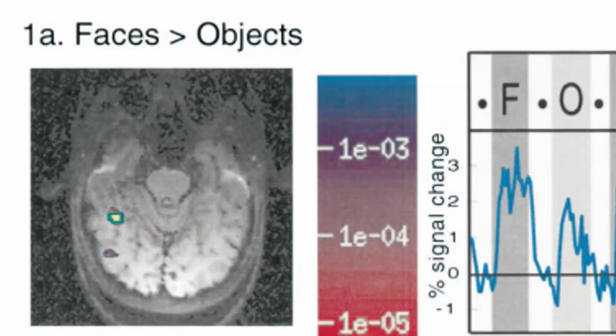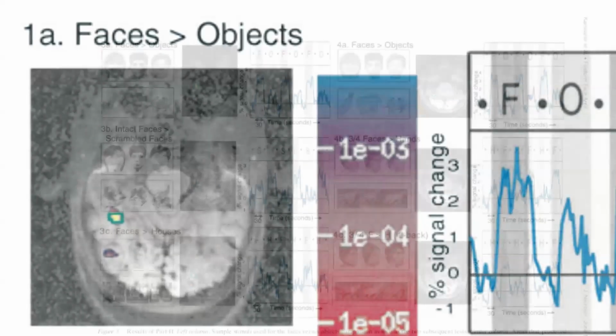It's that yellow area there indicating a greater activation. Basically, they would show you faces, they would show you objects, and subtract the activation of your brain under objects from the activation under faces, and that's what's left over, indicating that this is a special place that is used when you're processing faces.